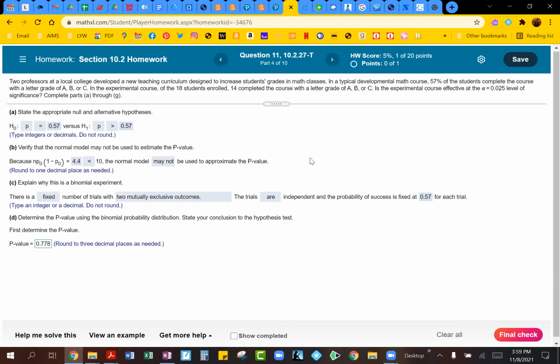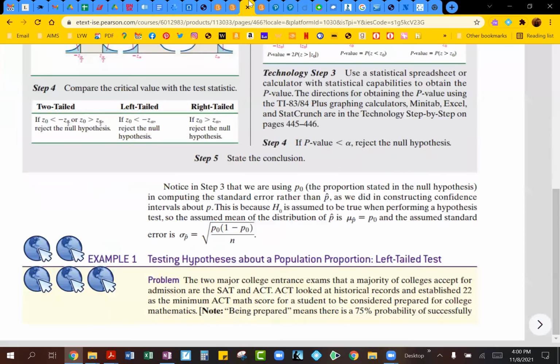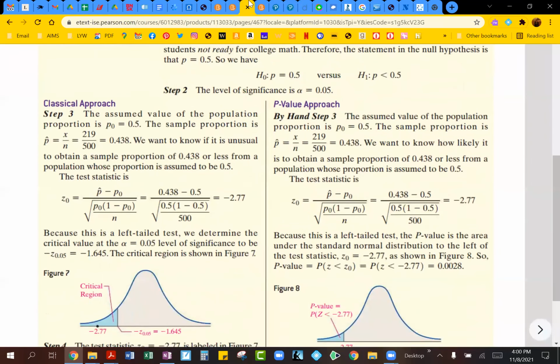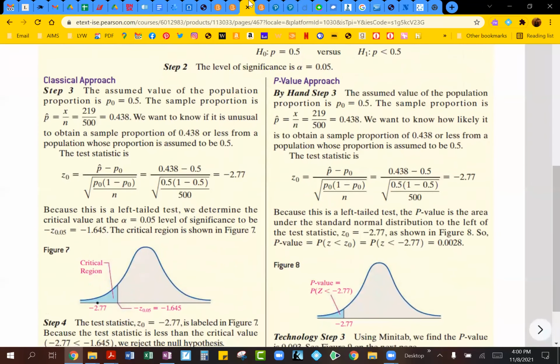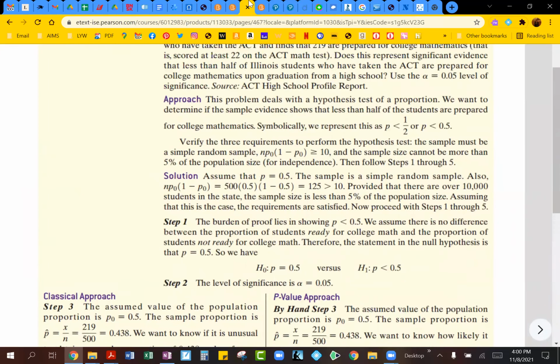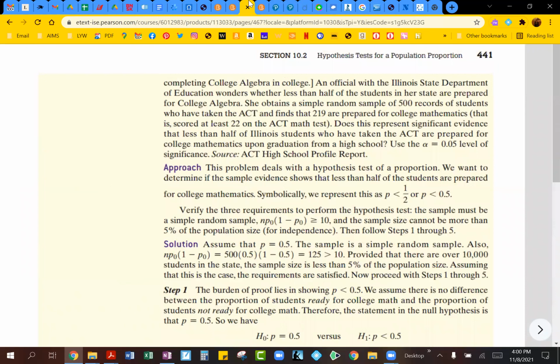Don't we just assume the old p-value of 0.57? But see, that was our initial probability. Let's take a look at an example. Yeah, see, they also did 219 out of the 500. And that's what they're giving us over here.